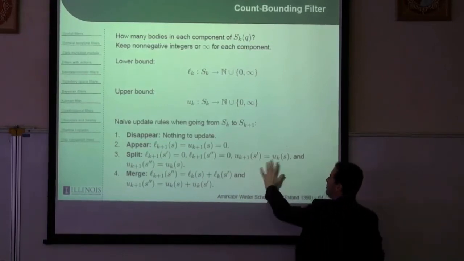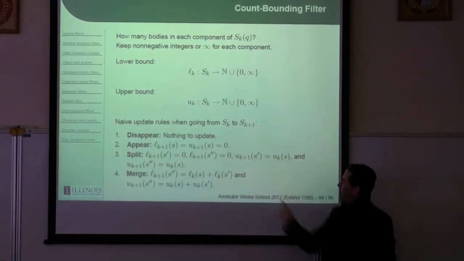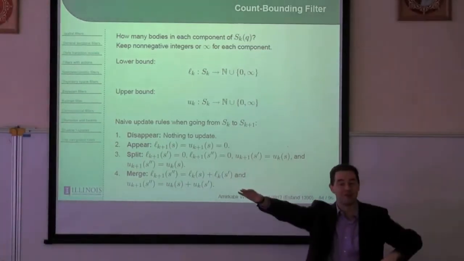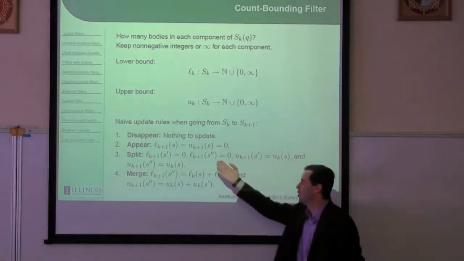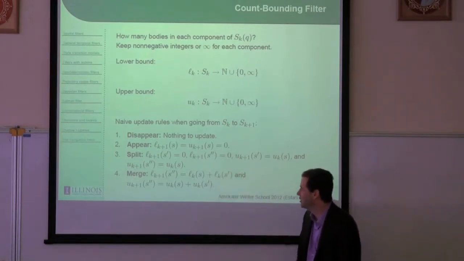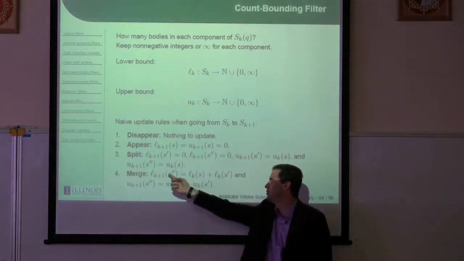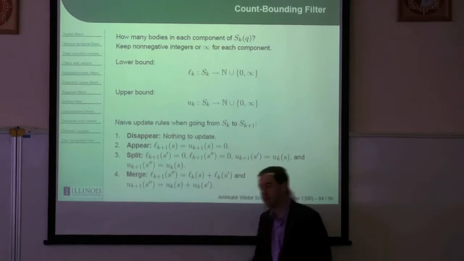Oh, sorry, no, I copied the upper bounds here, right, from the original S that split, because all of them could have gone to one or the other, right? And then for the case of lower bounds, either one of them could be empty. So that's a very simple way to do that. And for merging, I just add the individual lower bounds, and I add the individual upper bounds.